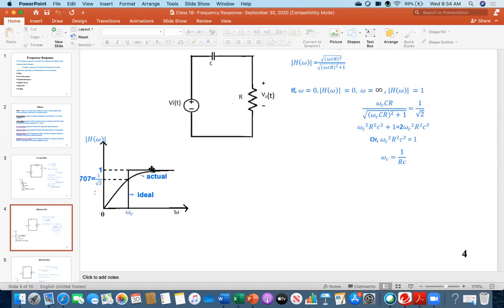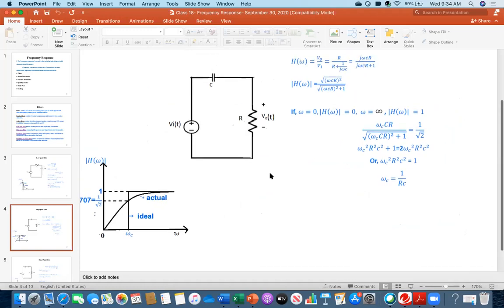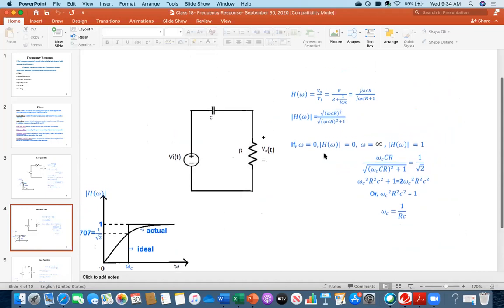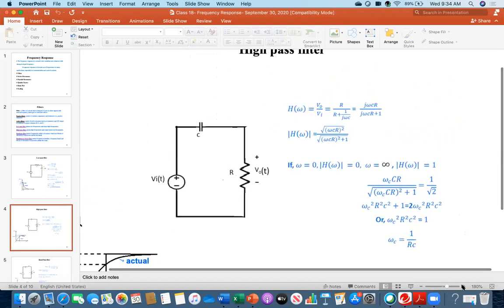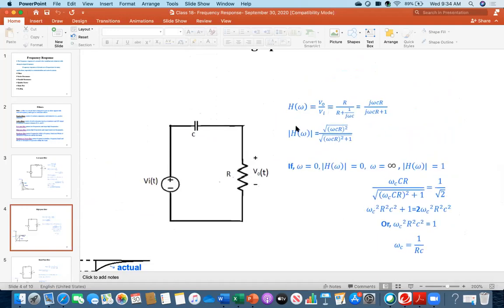You see, this is the ideal curve, and this is the actual curve. This means it is allowing high frequencies to pass. Now everybody see, for this one, similar to the previous one, the calculation. What will be your transfer function? Here I have written H(omega) equals V naught over Vi.